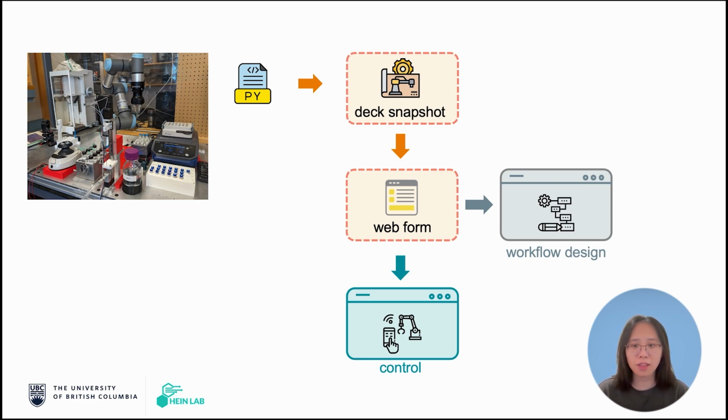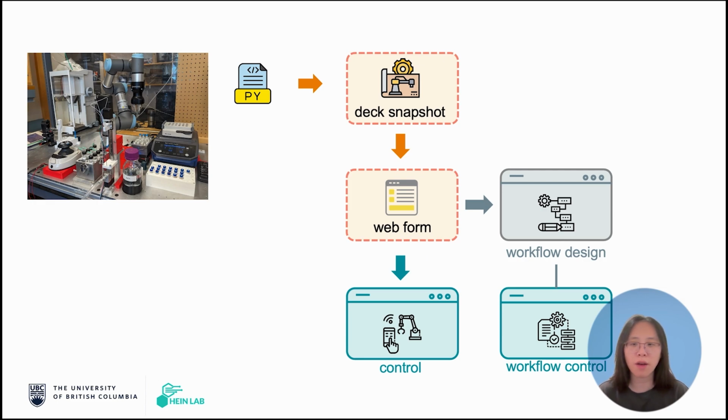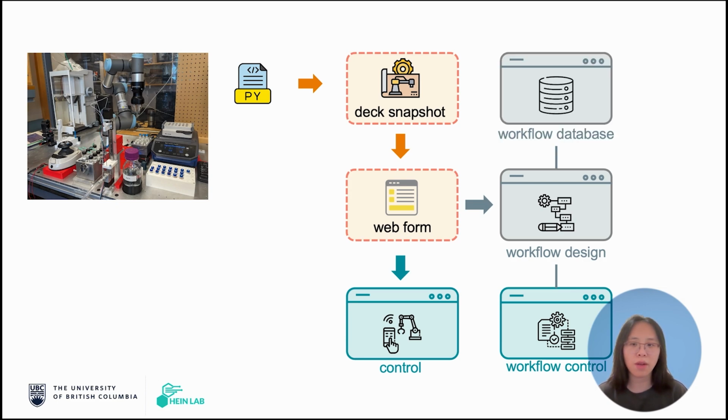And in the execution interface, we will have multiple options. For example, simply repeating the workflow for a number of times, or have more advanced adaptive experimentation if we have the output to optimize. And on top of this, we also have a database interface where you can save and manage your workflow, probably from different platforms or from different authors.